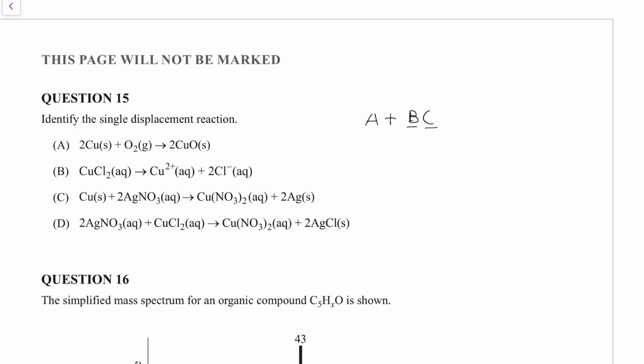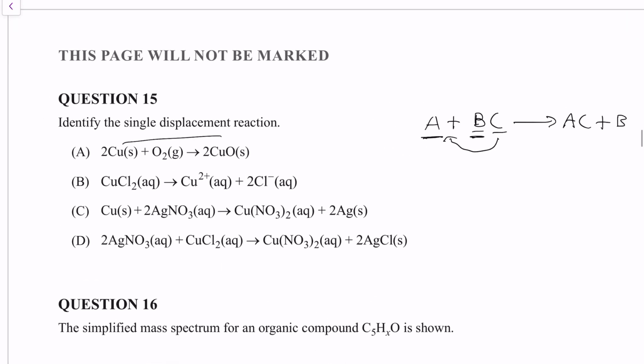So two compounds together, that forms AC plus B. Okay, so in single displacement, we have a single compound, and these basically swap, in which one is our combined. So B is left over here, all right?